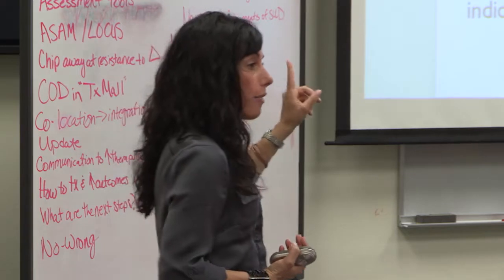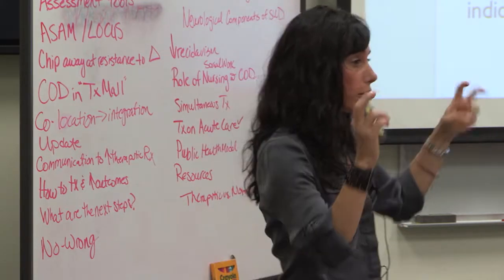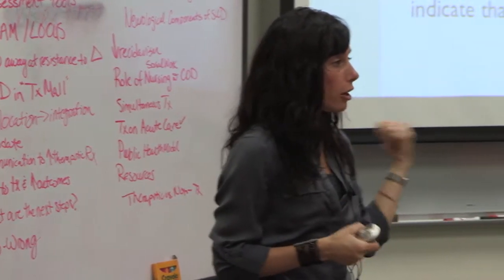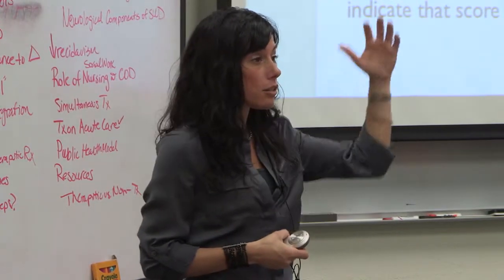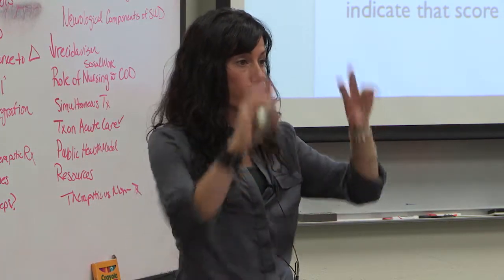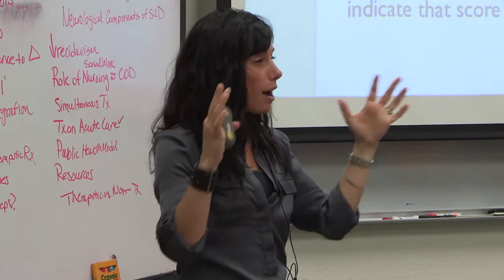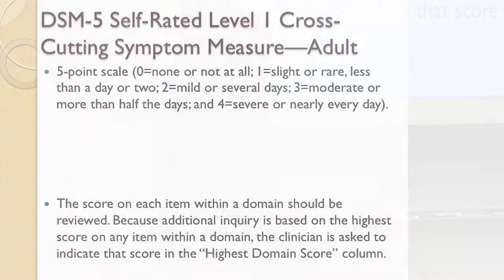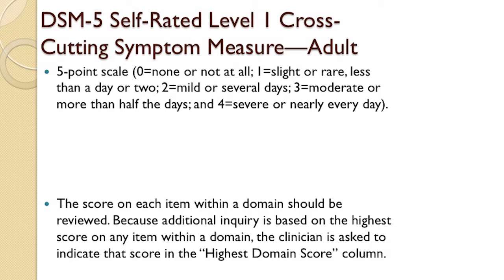Essentially, the DSM-5 has come out with some exploratory tools, but I really like the level 1 cross-cutting instrument because it touches on the major domains of what they call cross-cutting symptoms. They're not necessarily diagnostically specific, but it touches on things like unusual perceptual issues, sleep, depressed mood, mania. They cluster them, and from there, there are diagnostically specific screening tools.